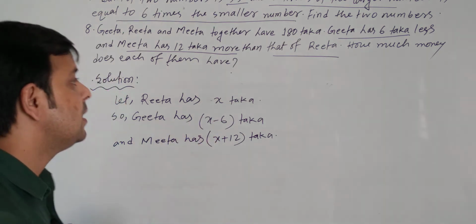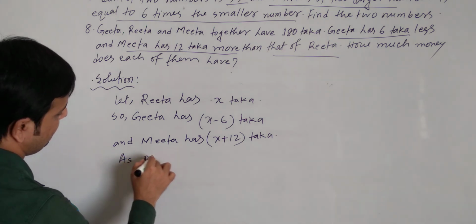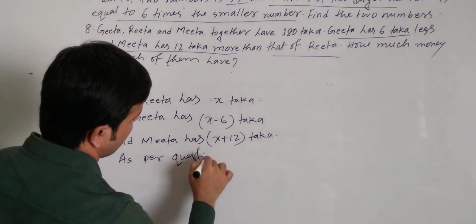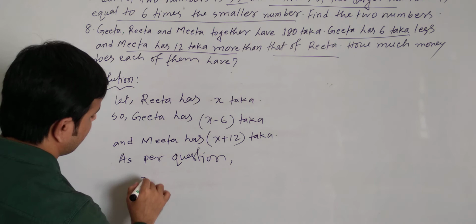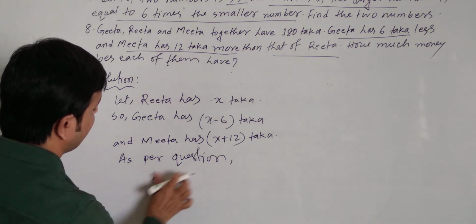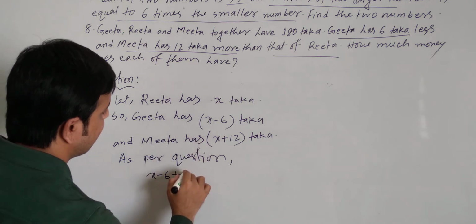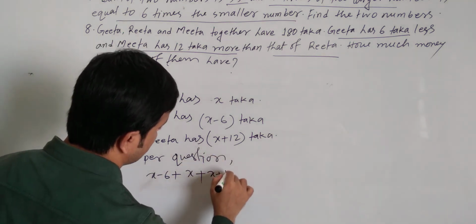Okay, dear students, now see, we can write as per question, money of Gita is x minus 6, Rita is x, and Mita is x plus 12.